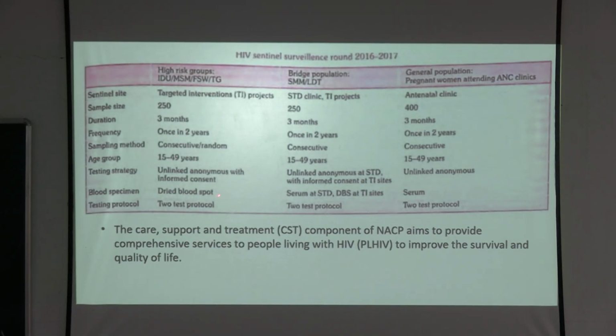Here dried blood spot. That dried blood spot is actually specific for IDU people. Okay. For bridge population, serum at STD or TI sites. For pregnant women, serum only. Then testing protocol, the same test protocol for everyone. Okay.